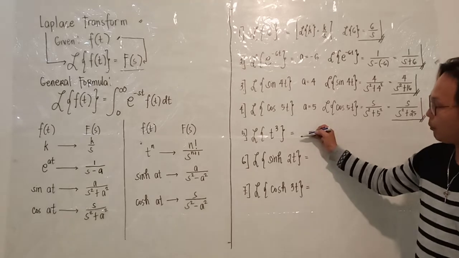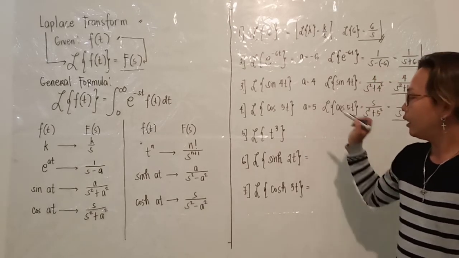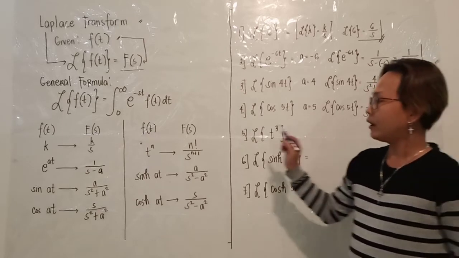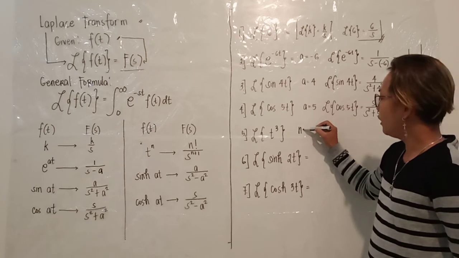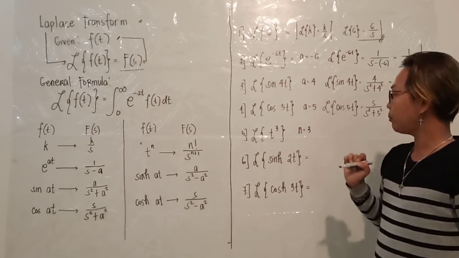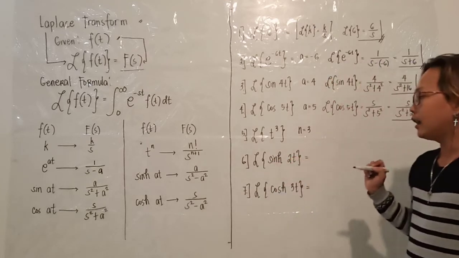Next, number 5. You will have to find the Laplace transform of t cubed. This falls under t raised to n. Identify the value of n, that is 3. So the formula is n factorial over s raised to n plus 1.